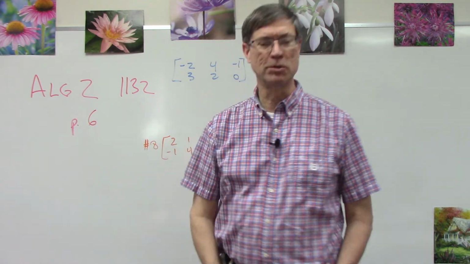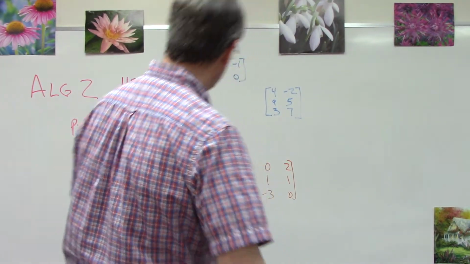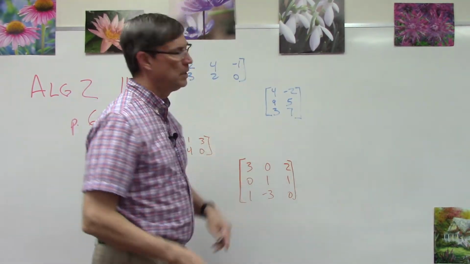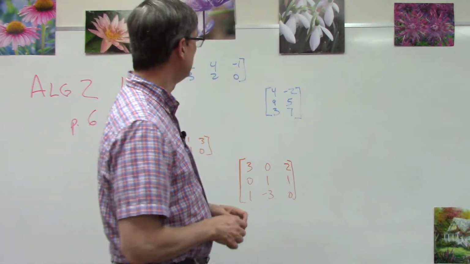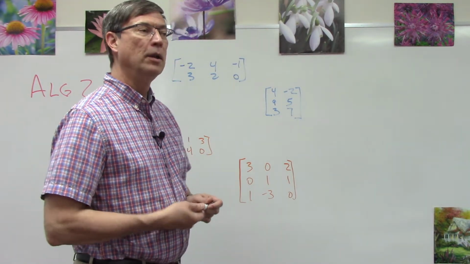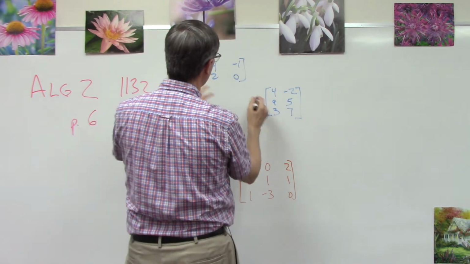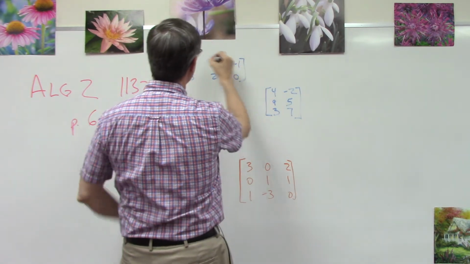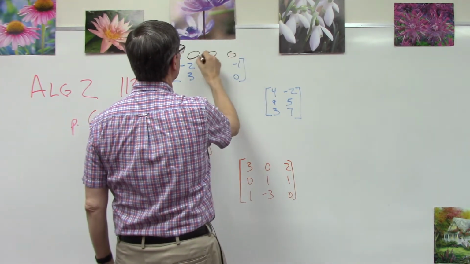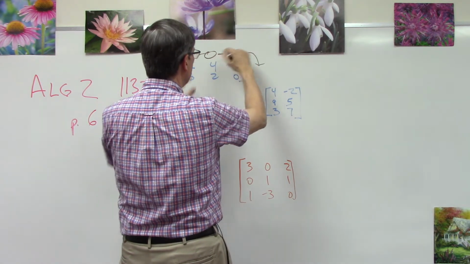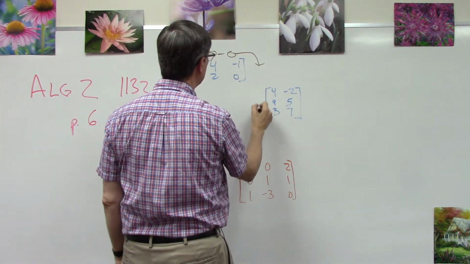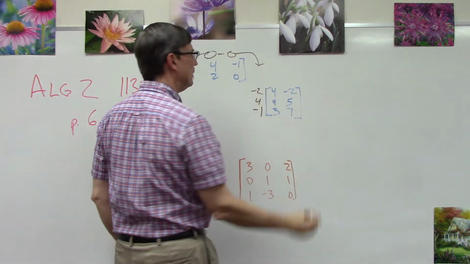So let's talk about some strategies for winning. I'm going to take this one, which is actually one of the example problems that they gave you, but let's use our little method that we taught you in the last video. So I'm going to take this row from the top and bring it down, which puts the -1 here, the 4 here, the -2 here.